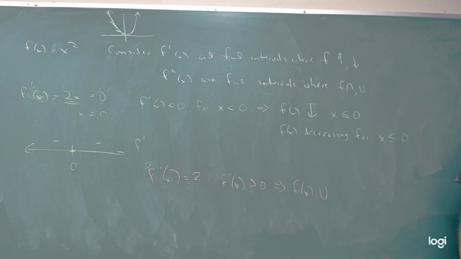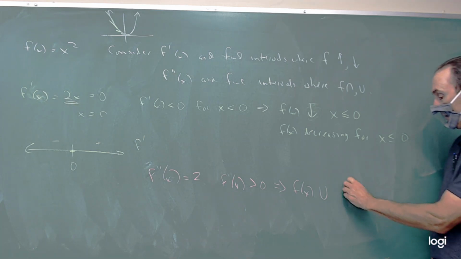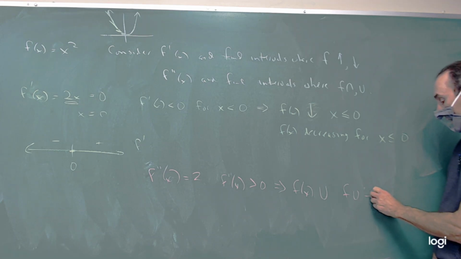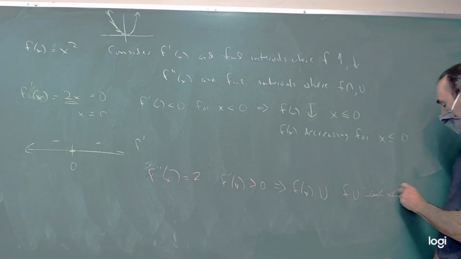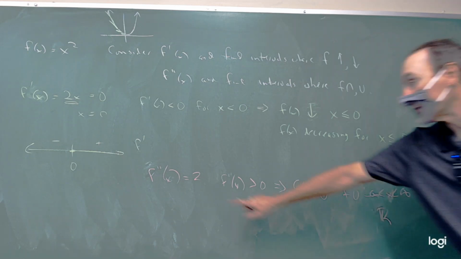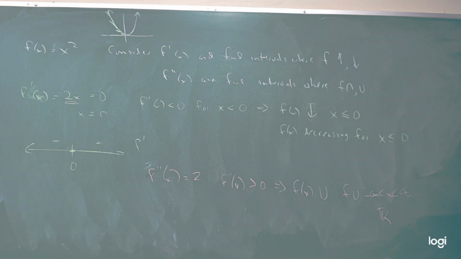If the second derivative is negative, it's going to be concave down. So what we get then is that f is concave up from negative infinity to positive infinity, or you could say for all reals, because the second derivative is always positive 2. Does that make sense?